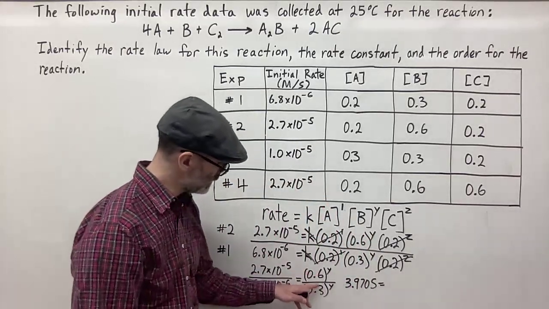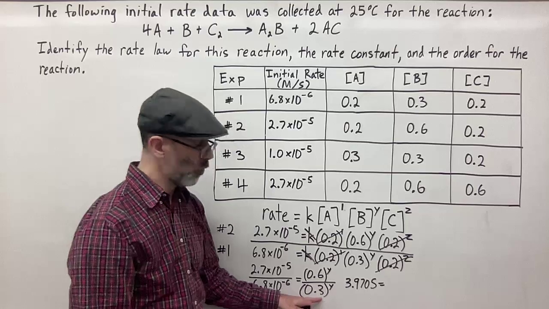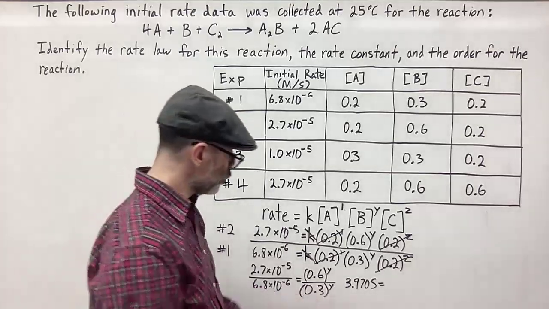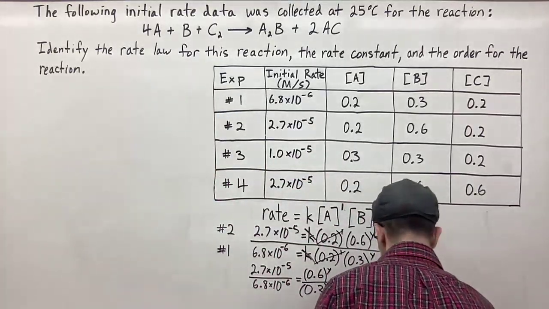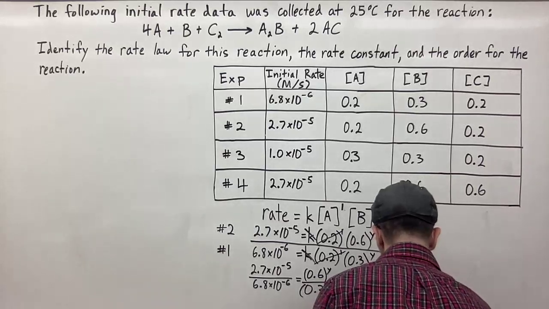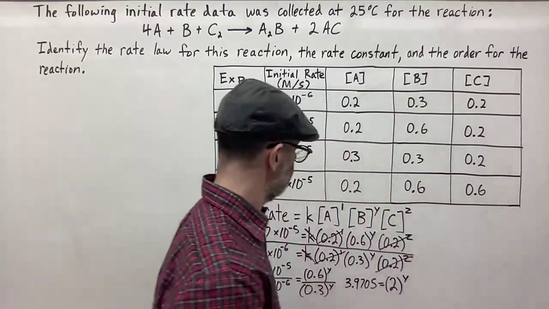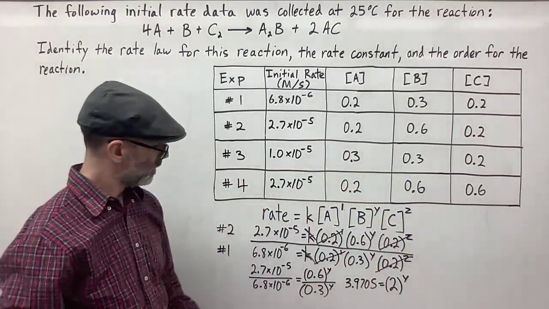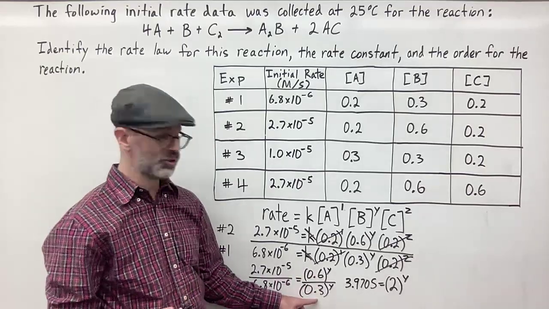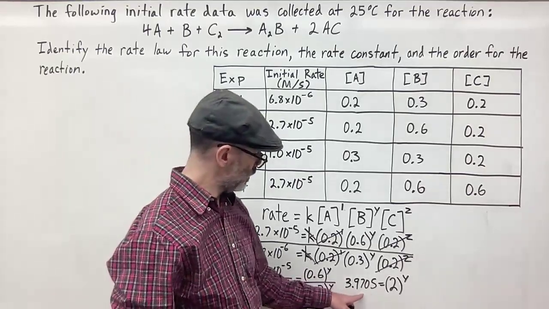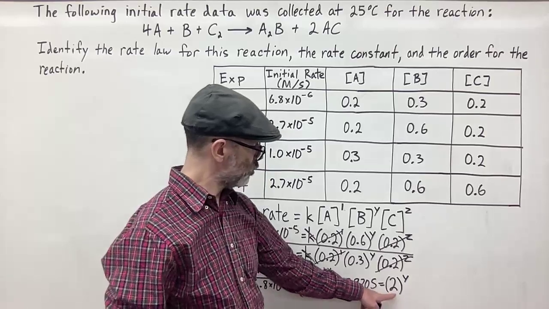So 0.6 divided by 0.3 is 2. So this is going to be equal to 2 to the y power, because if I take 0.6 divided by 0.3, I get 2. So now this is equal to 2 to the y power.